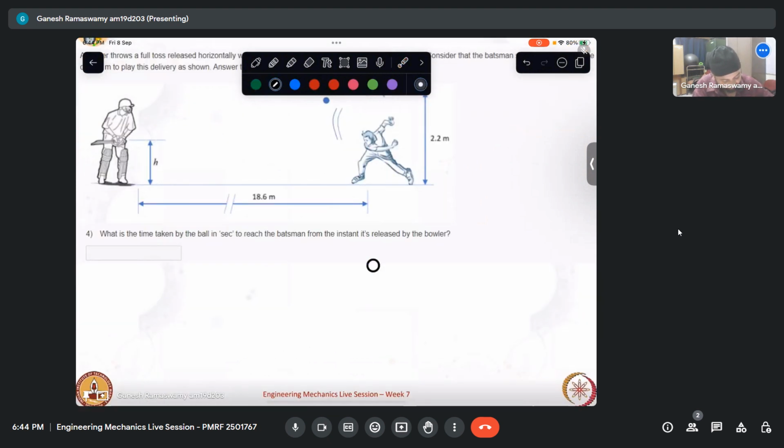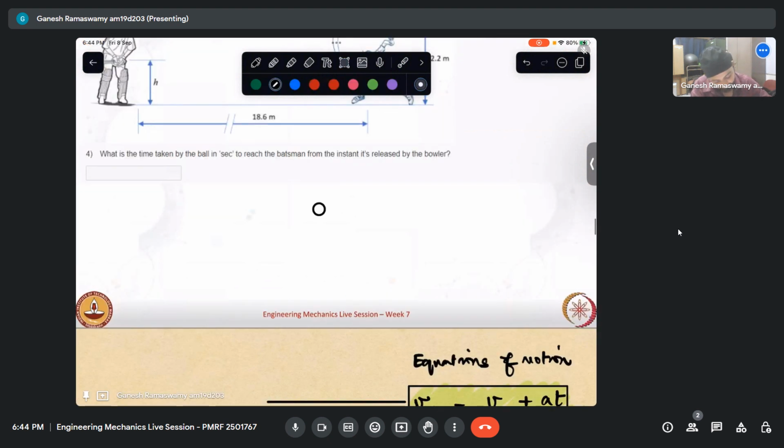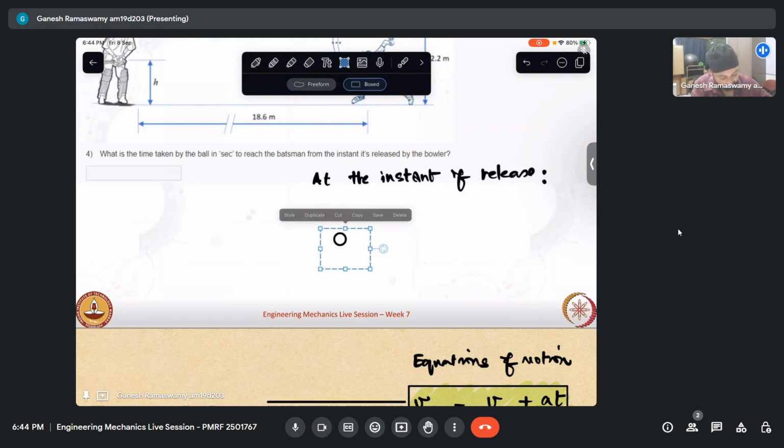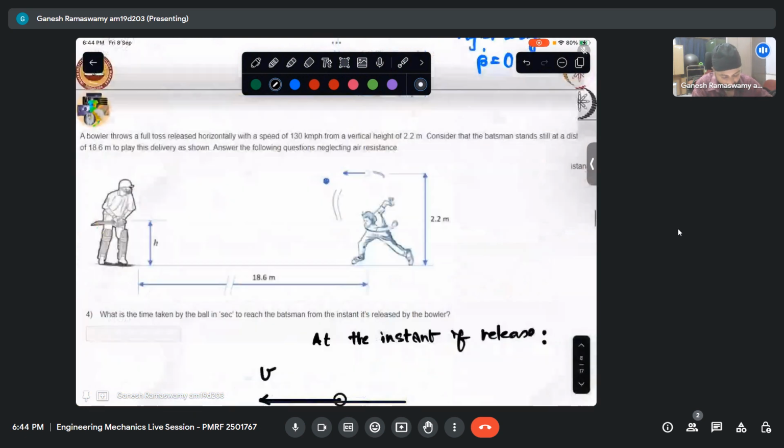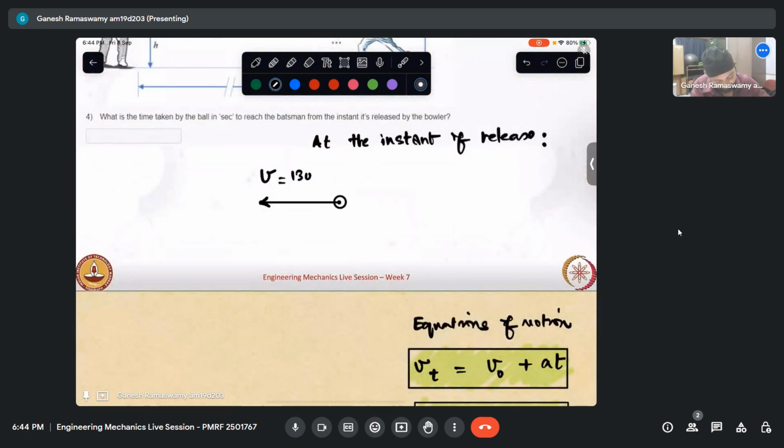So to this ball, at the instant of release, essentially this ball has velocity in the horizontal direction, which is equal to 130 kmph. And this does not have any vertical velocity.